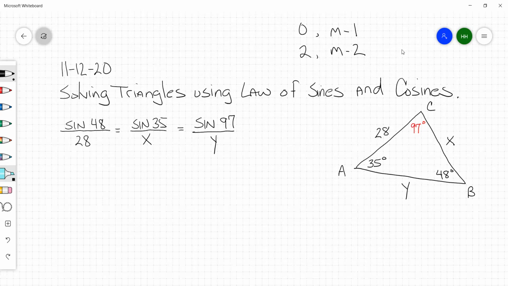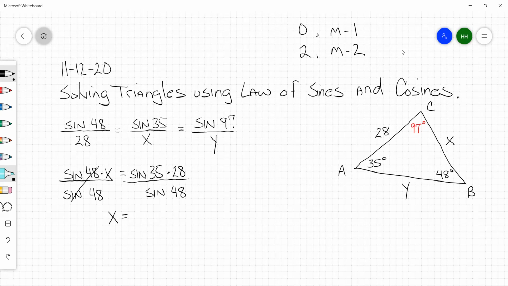So the first thing I'm going to do is crisscross multiply, and I'm going to take this sine 48 times x and make it equal to sine 35 times 28. And if we divide both sides by sine 48, the left side will cancel and we're left with x.